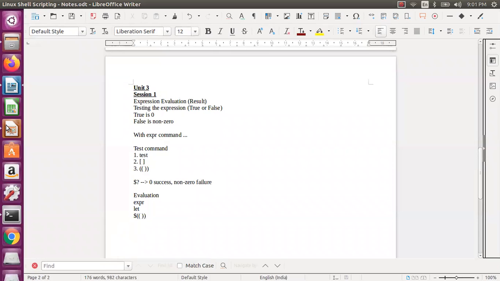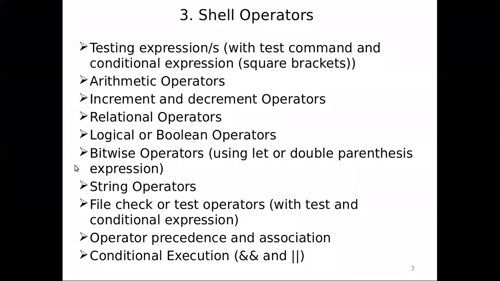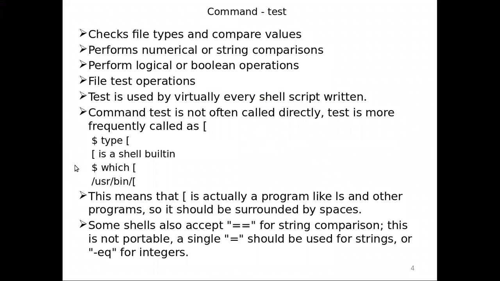So okay, so this is the base of that. Now let us check on the next things. Okay, so let us check on this. I had a problem once. Okay, so this is what we have done. Now let us check file types and compare values.